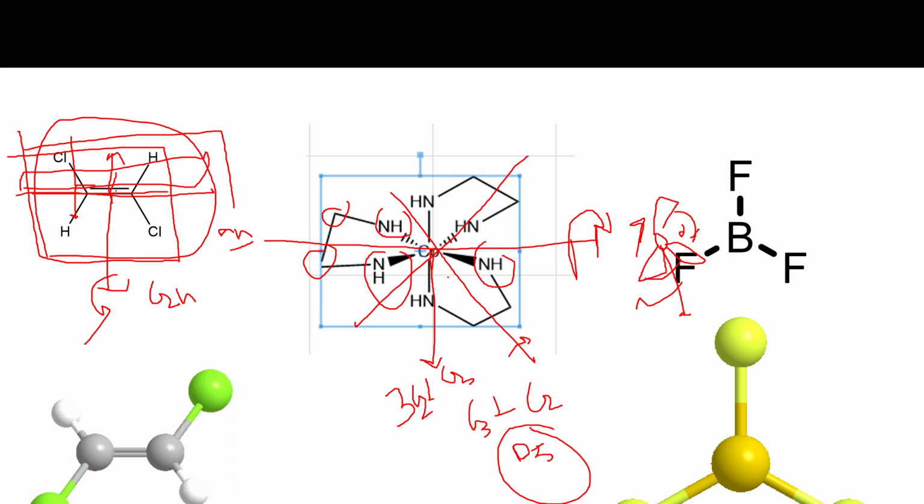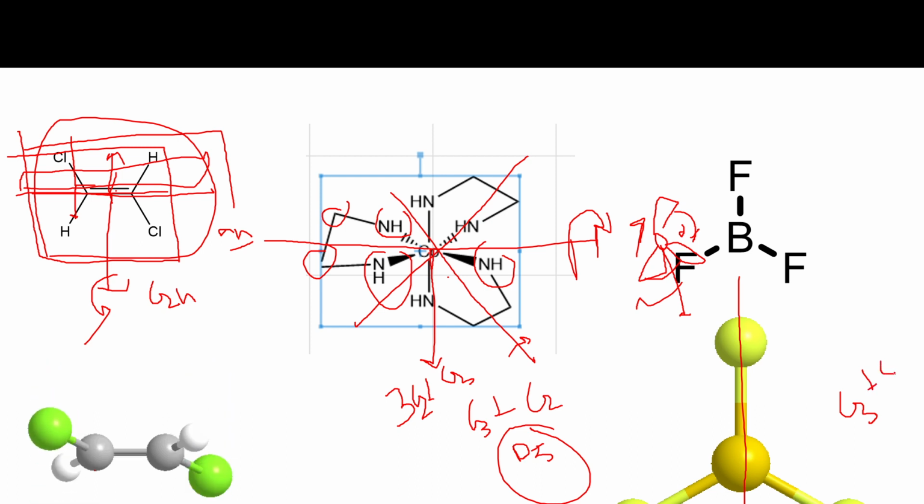Next is the BF3 molecule. What symmetry rotations are present in this molecule? C3. And is C2 present or not? Is the C2 perpendicular to the principal axis?